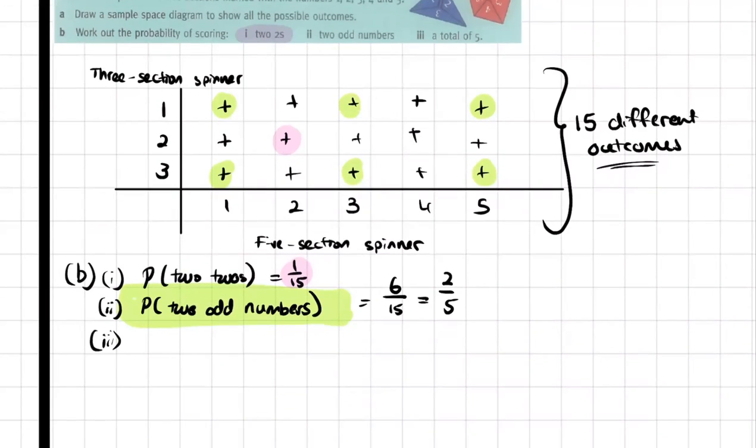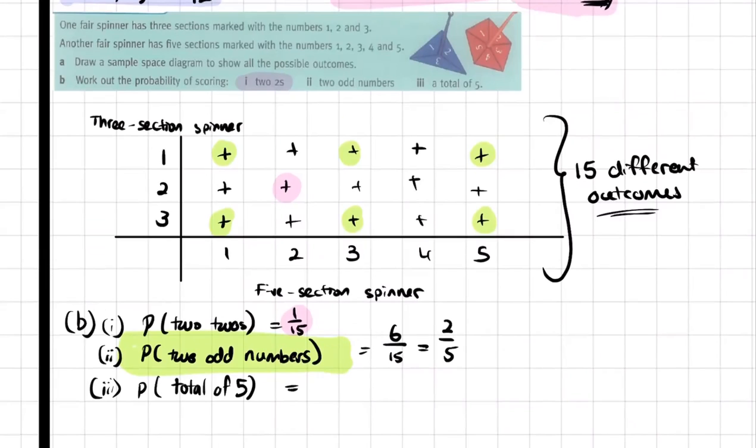And then the last one is the probability of a total of 5. Let me just highlight this in blue color. A total of 5 will be 3 plus 2, 2 plus 3, 1 plus 4, 4 plus 1.